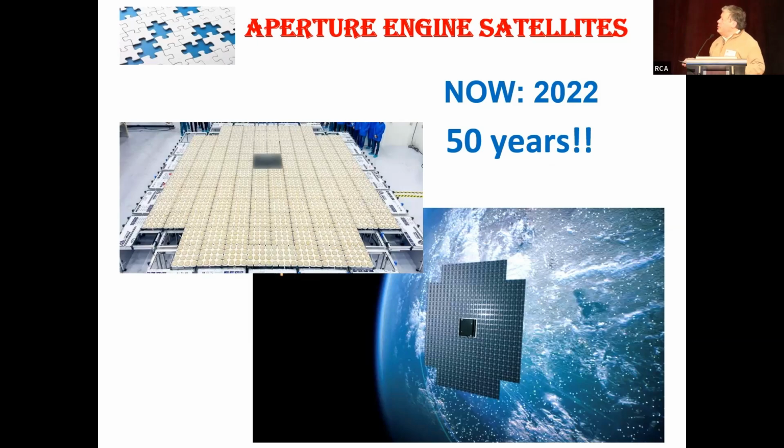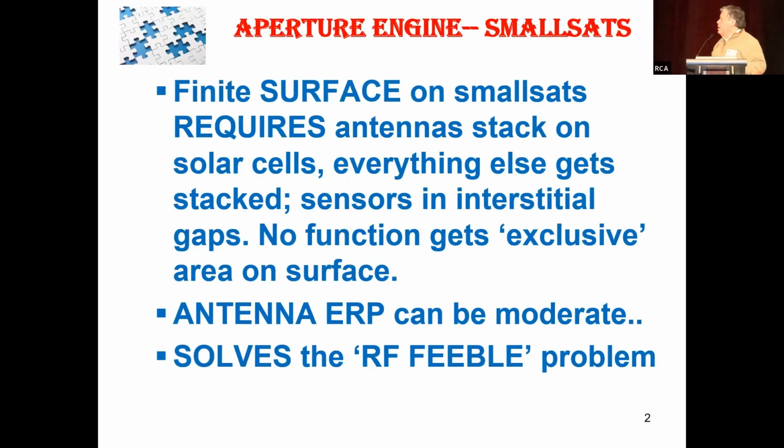All right, so let's talk about aperture engines. The point is that if you really want to use a small satellite, every single millimeter of space has to be used constructively to gather power, to be a sensor, to do what you want it to do as a satellite. There's no exclusive area devoted to anything.